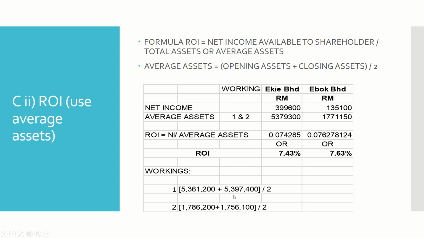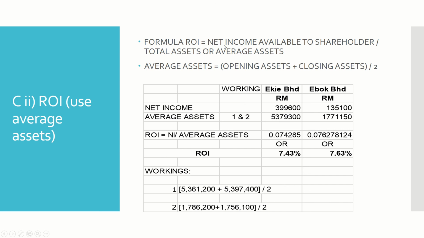For Ibu, opening is 1,786,200. Ending asset is 1,756,100. Divide with 2. The average asset for Ibu is 1,771,150. Net income is given in the question. For Iki, net income is 399,600. Net income for Ibu is 135,100.